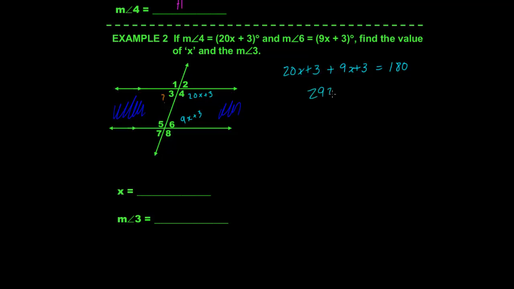You will end up with 29x plus 6 equals 180. Let's get our 6 removed from that side. It'll leave you 29x equals 174.